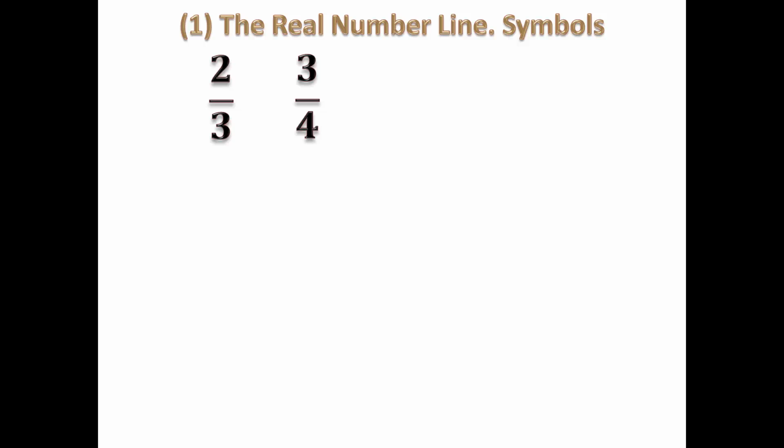First, can we do something in order to have these two fractions with the same denominator? Let me think. Oh, yeah! We can use the lowest common denominator between the fractions. Great idea. Let's start by finding the lowest common denominator between the fractions. Okay, 3 times 4 is 12.